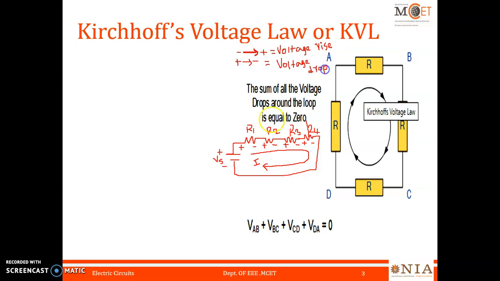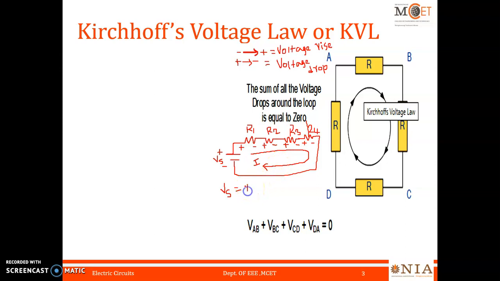So according to Kirchhoff's voltage law, that is KVL, the algebraic sum of the voltage rise. There is voltage rise in only one element, that is the source voltage. Here it is said to be the voltage rise, and all the other branch elements R1, R2, R3 and R4 are said to be the voltage drop.